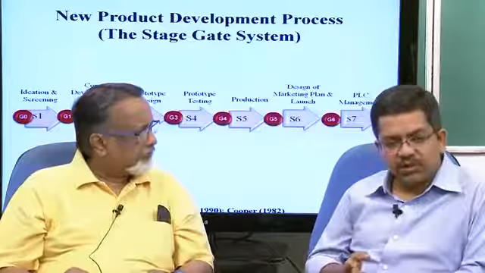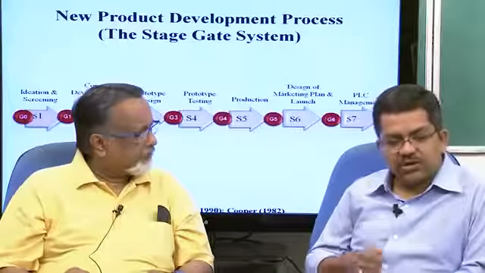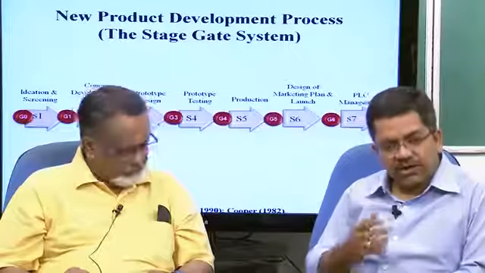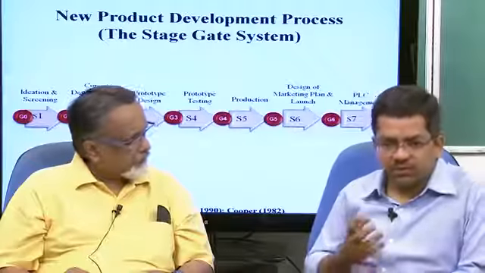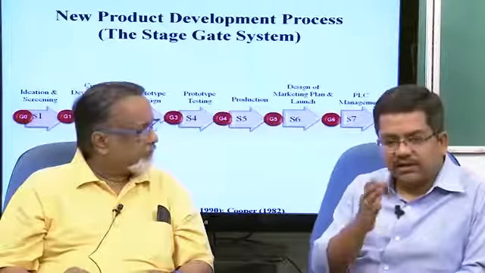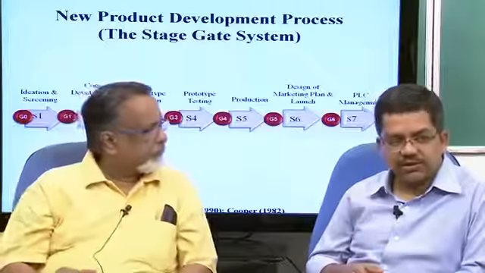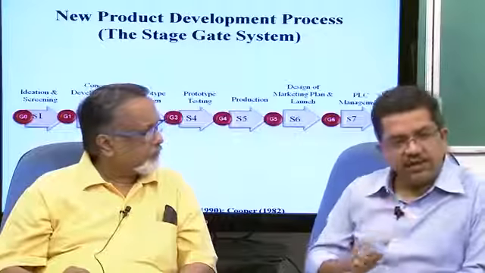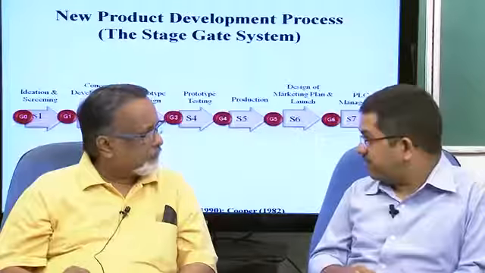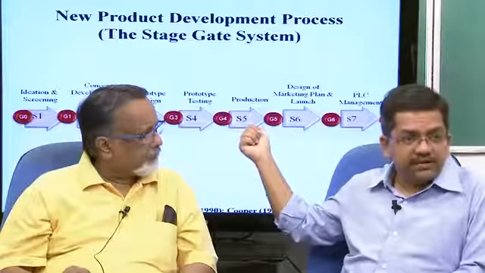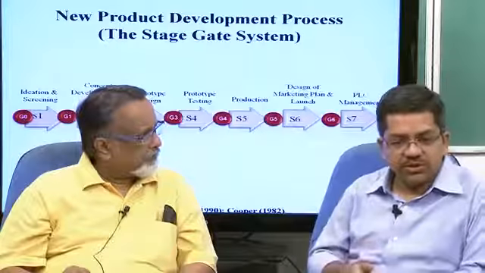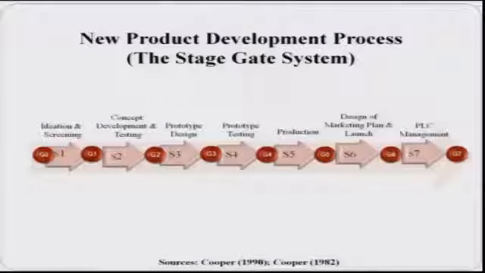So these are the two things, and as you can see, identification of opportunity leads to new product ideas, and then this idea being generated has to be screened. So you can see after each of these stages there has been a gate, which is shown as gate 1, gate 2 up to gate 7.